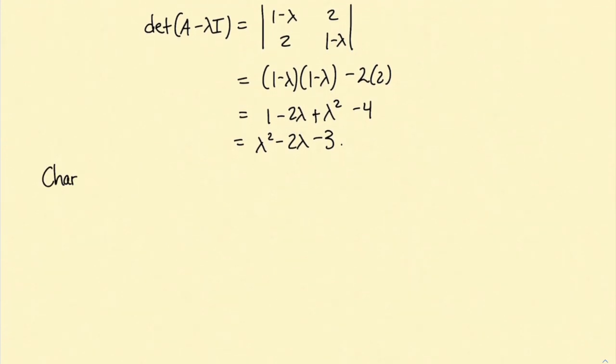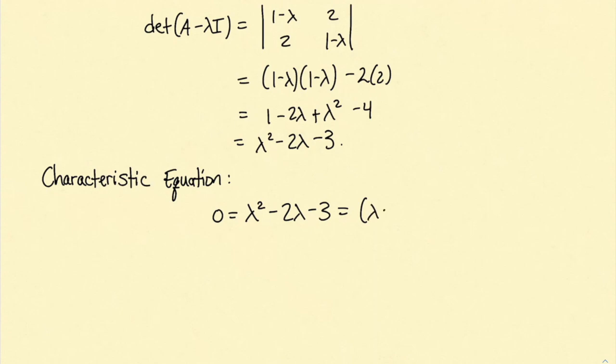So the characteristic equation is, of course, a quadratic equation, and we can find the solutions, or the eigenvalues, for A simply by factoring. So this tells us our two eigenvalues for the matrix A are lambda equals 3 and lambda equals -1.